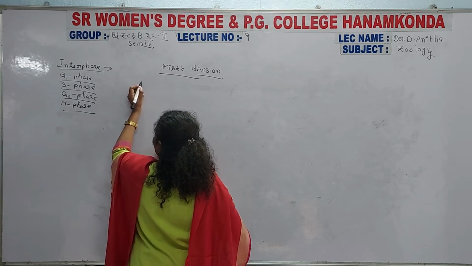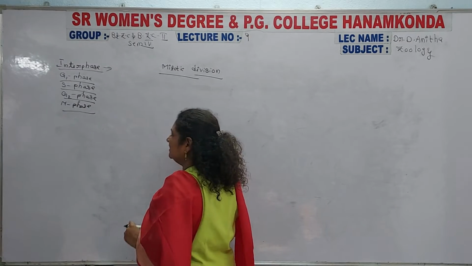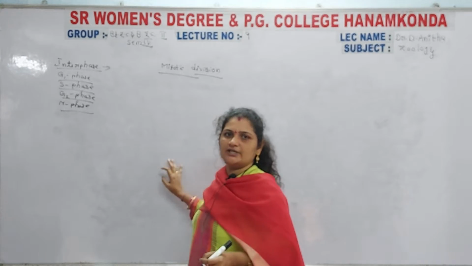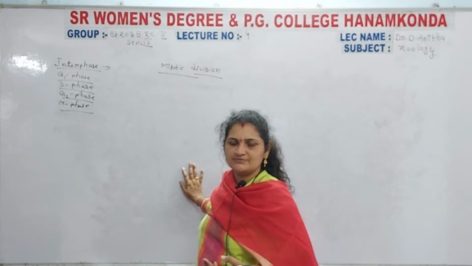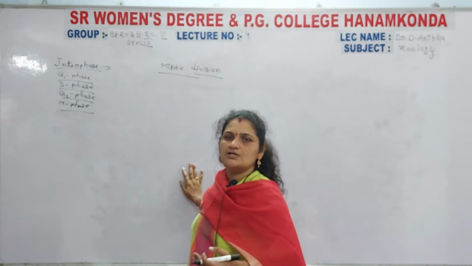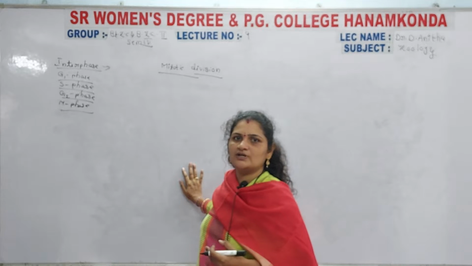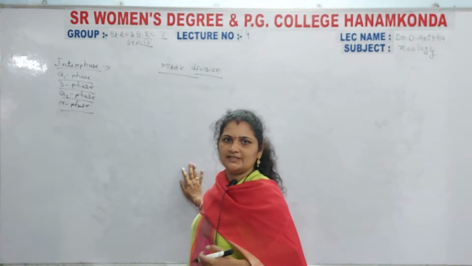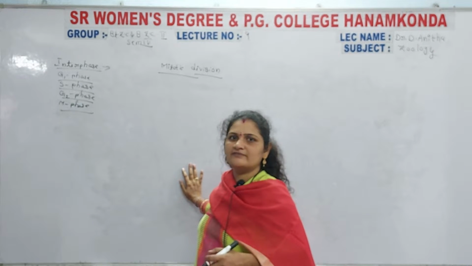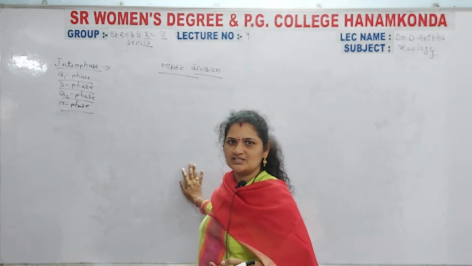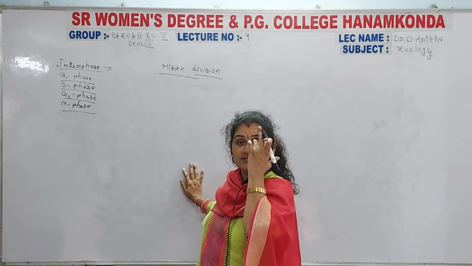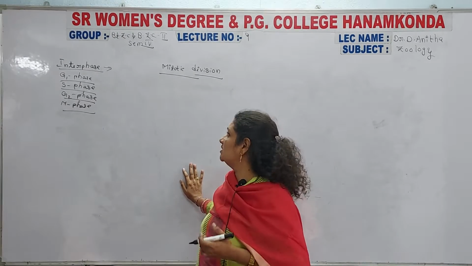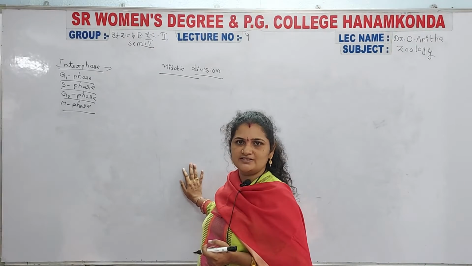The interphase mainly occurs before commencement of mitotic division. Some changes occur inside the cell: condensation of chromosomes takes place, and the nuclear envelope disintegrates. Such changes occur in interphase. This is the first stage, interphase, and after it the G1, S and G2 phases follow.